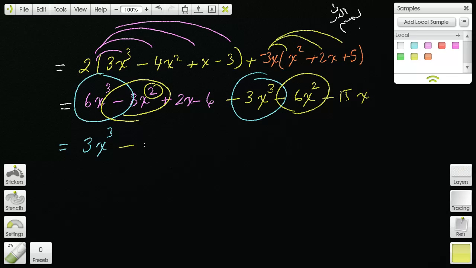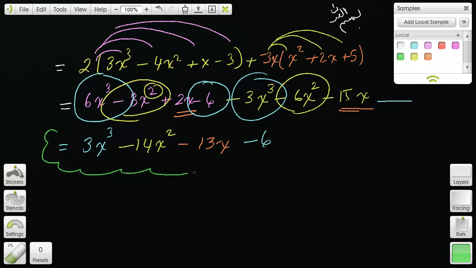So that's going to be negative 14x squared. And finally, we have the x terms over here. That's 2x minus 15x, which is minus 13x. And not to forget the 6. There's no corresponding term over here, so minus 6. So this is just simplifying this algebraic expression.